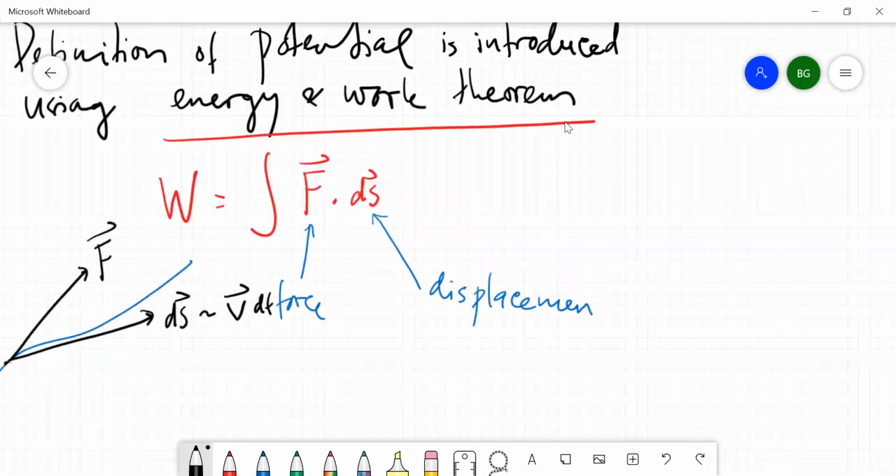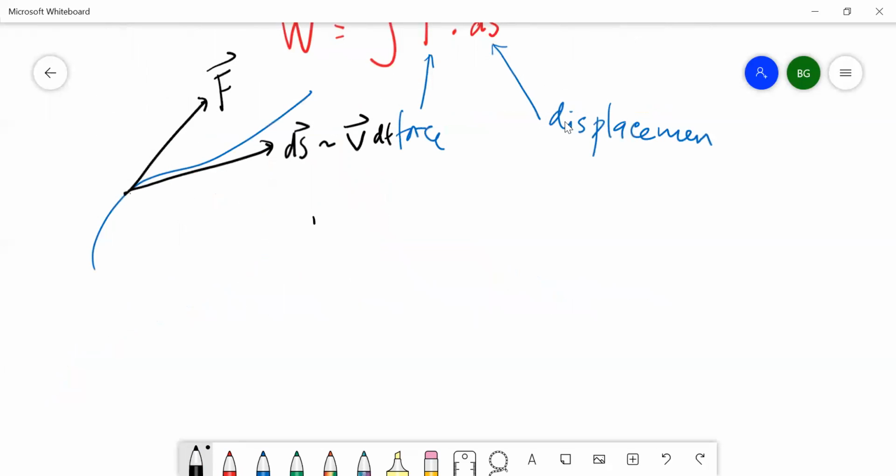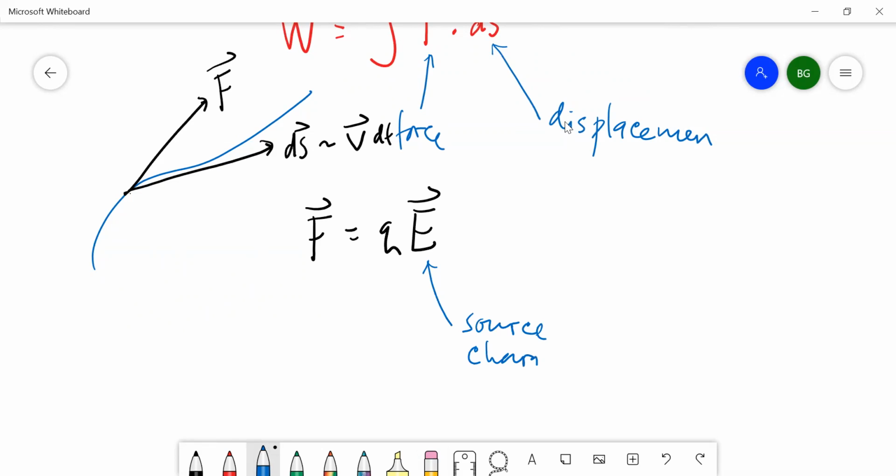Okay, as you know from Coulomb's law, in this case F is equal to the test charge times E. This E here comes from the source charge. The source charge could be a point particle or n charges or a sphere or anything else.